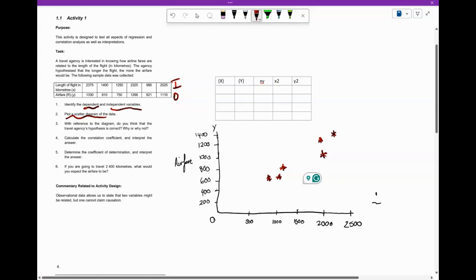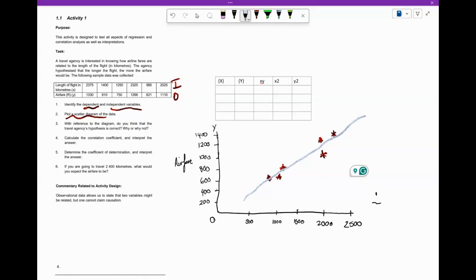Like I said, it's a bit messy, but I'm sure on your side it should be a lot neater. Remember, the whole regression analysis is about drawing a best fit line. So you would get a line that goes in between those data points, something like that, and that's actually your regression line.